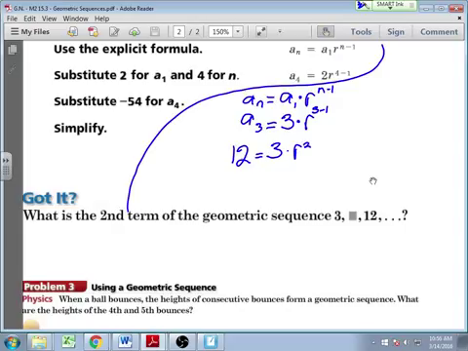Now I want to divide by 3, showing me that r squared is 12 divided by 3, 4, which then when I square root, we get that r is 2.